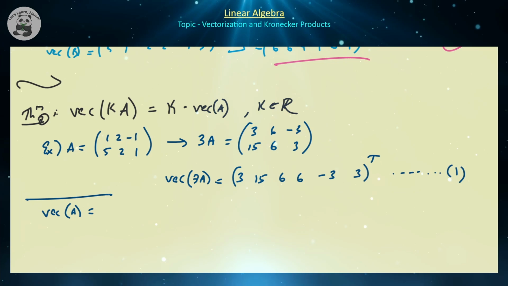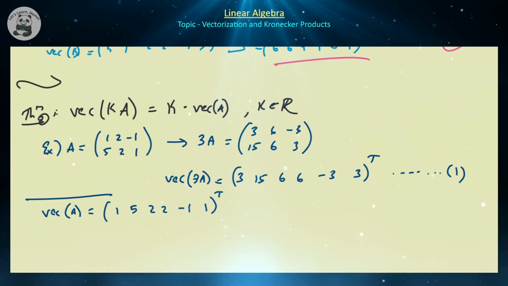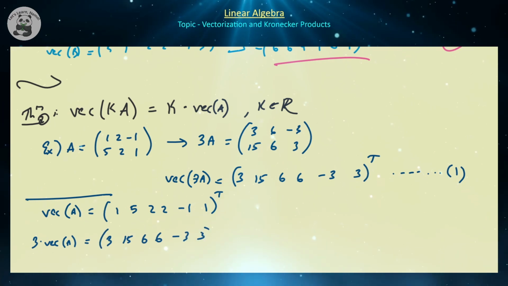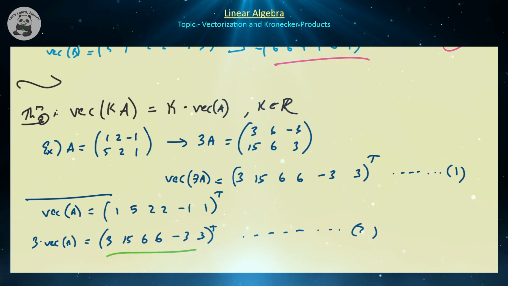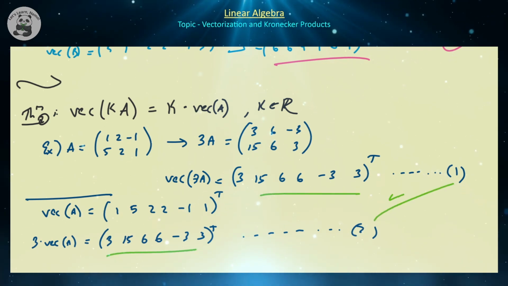So the vectorization of A is going to be equal to 1, 5, 2, 2, minus 1, and 1. And if we multiply this vector by 3, we're going to have 3, 15, 6, 6, minus 3, and 3. Right? And if you compare these two vectors, you can clearly see that those are indeed equal to each other.